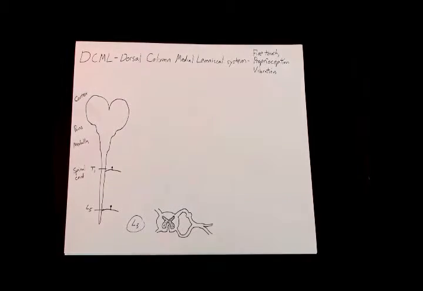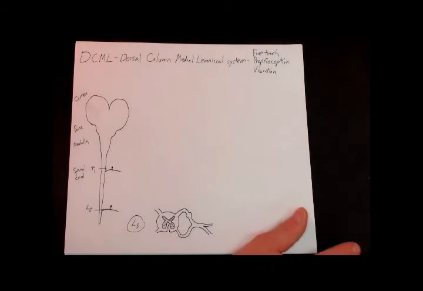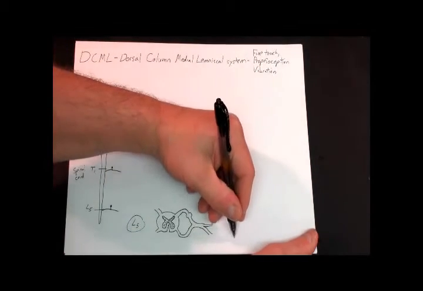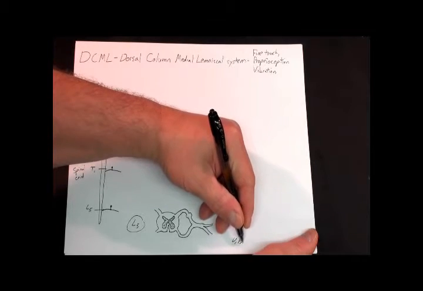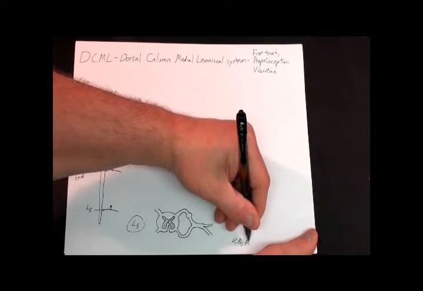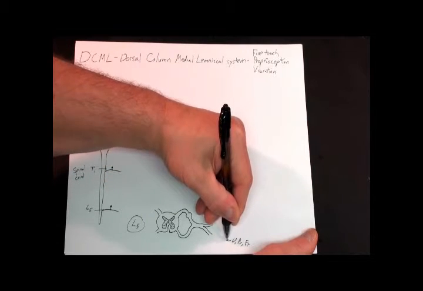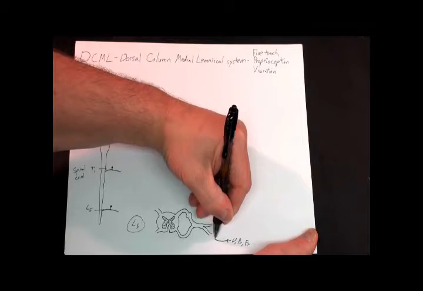Now, as we discussed before, sensation has to get from the periphery, so out here somewhere at the skin. We sense vibration, proprioception, or fine touch, and a peripheral nerve carries that impulse back to the spinal cord.